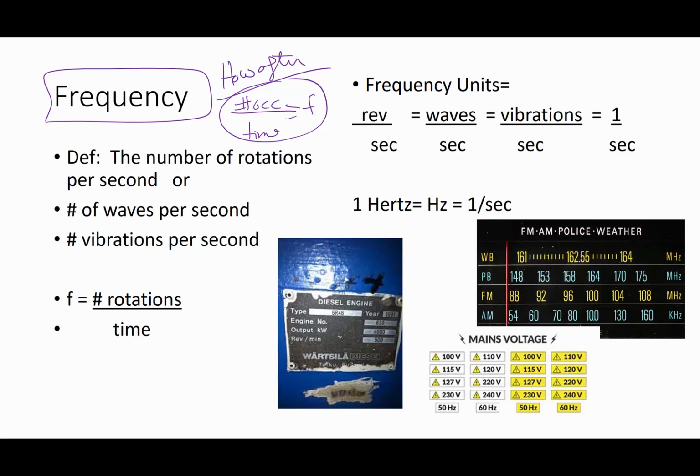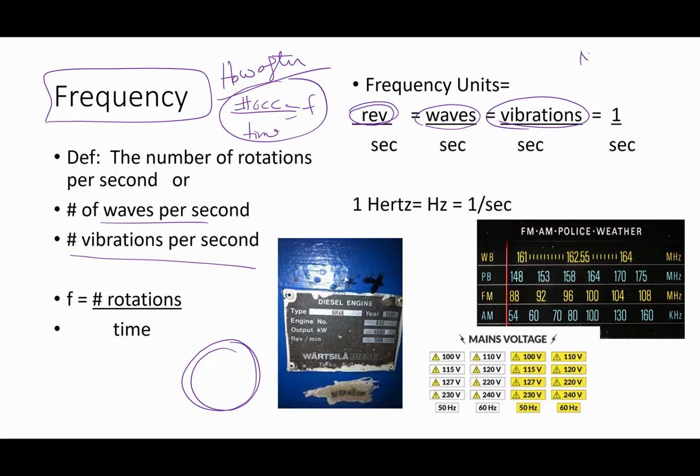We apply the term frequency to lots of situations. We apply it to orbiting or rotational situations. We apply it to waves. We apply it to vibrations. And the units of frequency are whatever we're talking about, revolutions, waves, vibrations, whatever, per unit time.